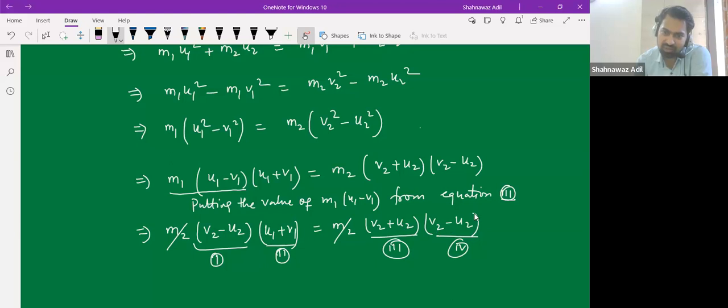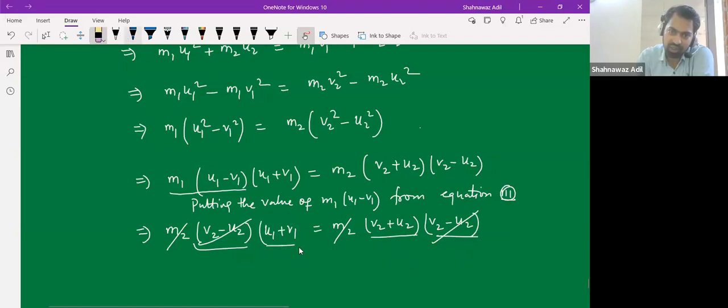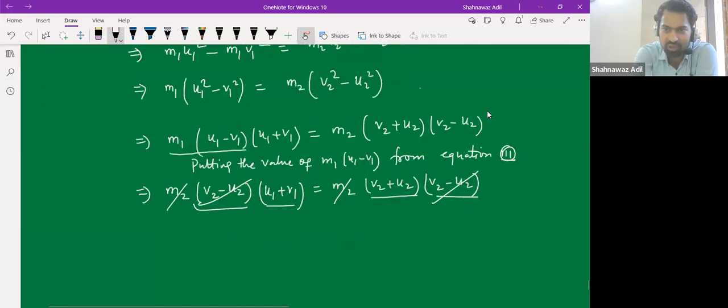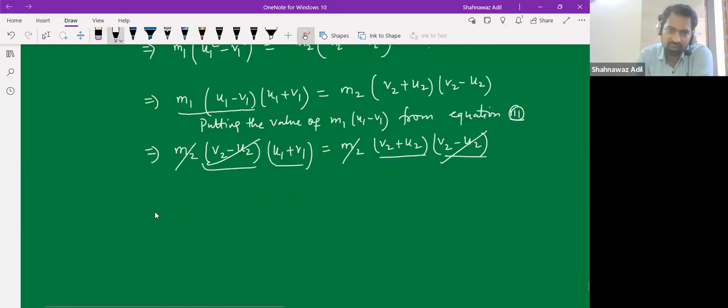These are equal, so they will cancel out. Don't panic, don't take too much pressure, right? So u1 plus v1 equals v2 plus u2, right?